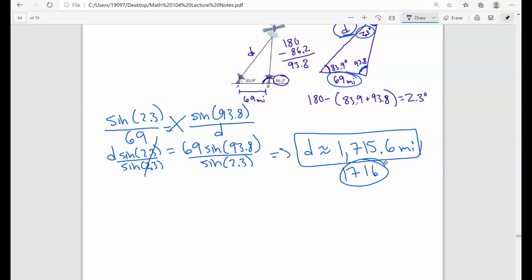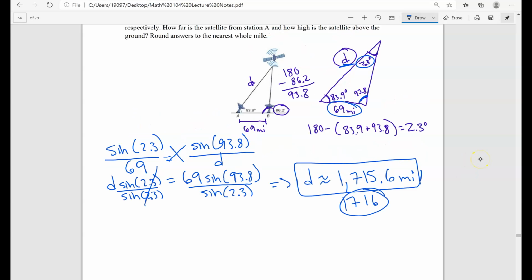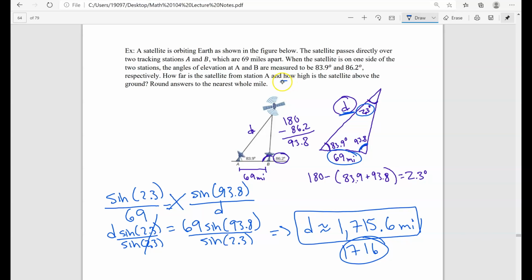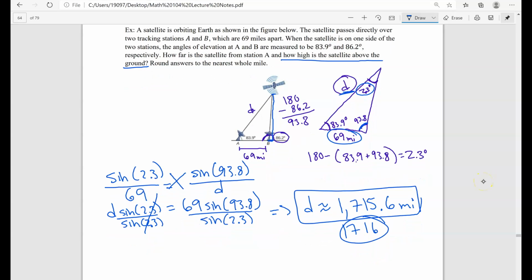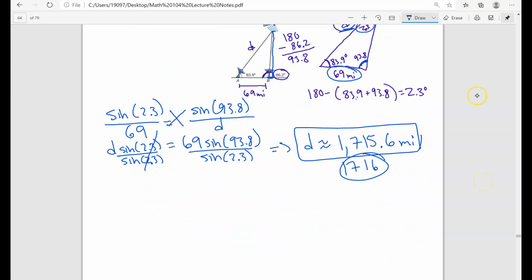Now there's another problem that they're asking us to do. It says, how high is a satellite above the ground? Notice here that you're looking at this particular height. The good thing is that we already know this side. Let's say this is the ground, here's station A and here's the satellite.